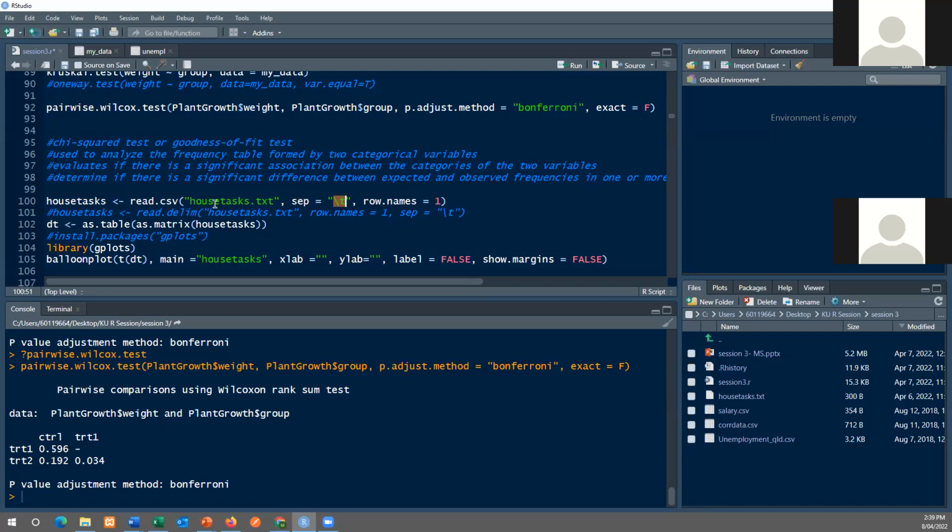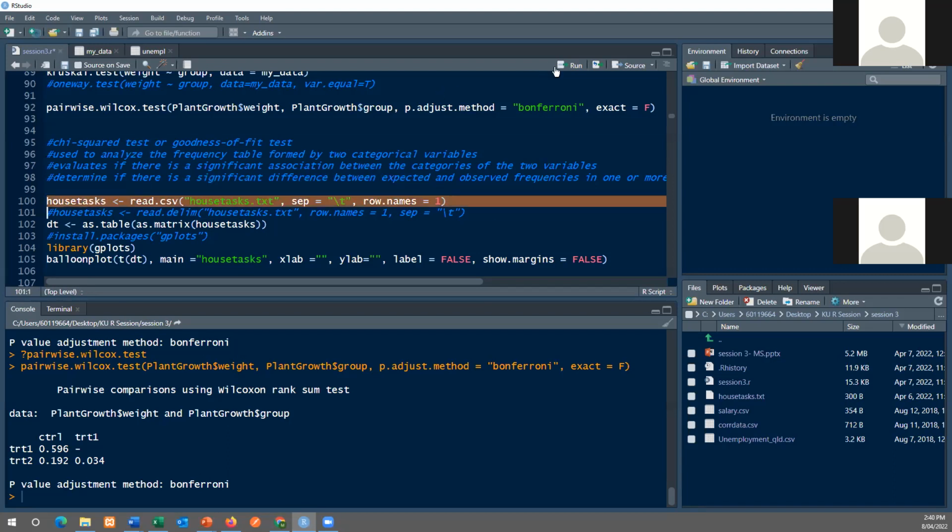I tell it to read the file, which is a text file, and the format of the data set is separated by a tab, and the first row is the column names, okay? That will be my column head. If I read it, it will be a data frame by default. So read.csv, after a successful read, always returns a data frame, okay?